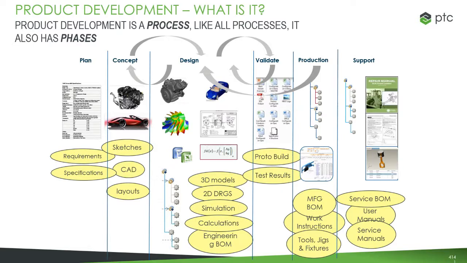Similarly, in design, we work on 3D models or simulation or calculations or creating engineering bill of materials. So these are multiple departments and multiple people at multiple levels working on a particular product. So Windchill takes care of the complete life cycle of a product, and you can give the access, whatever and how much access is required at different levels.